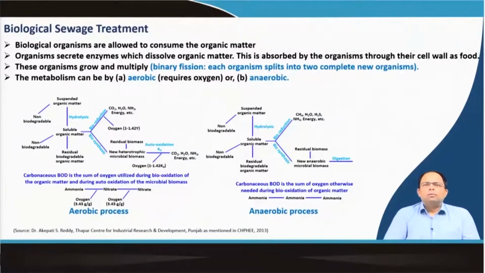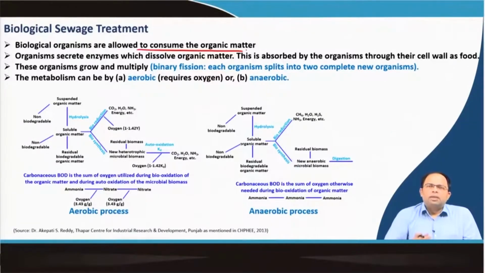So, these are the different artificial treatments that we are talking about, and within artificial treatment we also have biological sewage treatment. As you know, in biological sewage treatment, biological organisms are allowed to consume the organic matter.